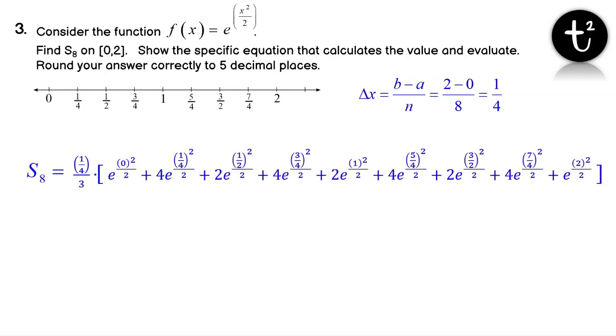So Simpson's rule with n equal to 8 is going to be (1/4) divided by 3, delta x over 3, times e raised to each one of those sample points squared over 2.